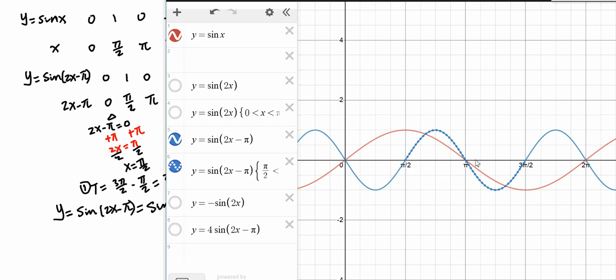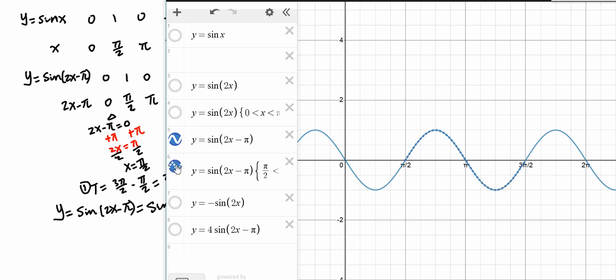It goes to pi over 2 to 3 pi over 2. This is one period change. Okay, let's temporarily forget about sine. This is the final picture we get for this one without considering one period.